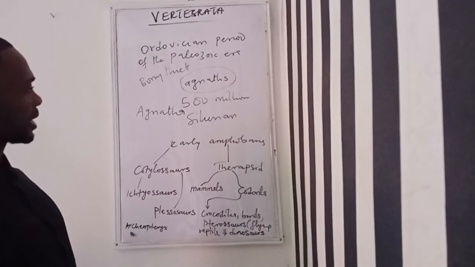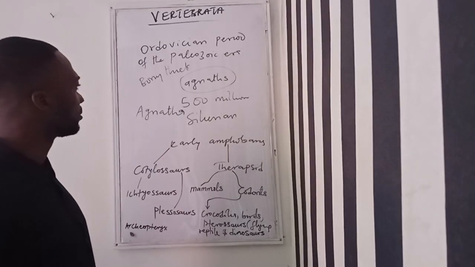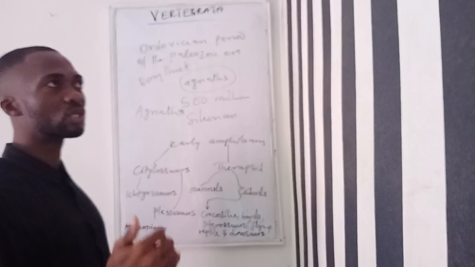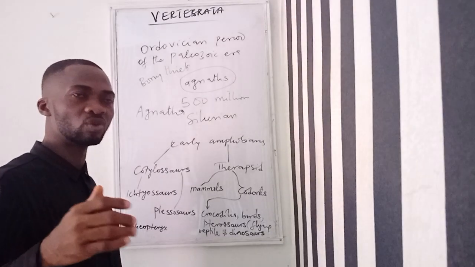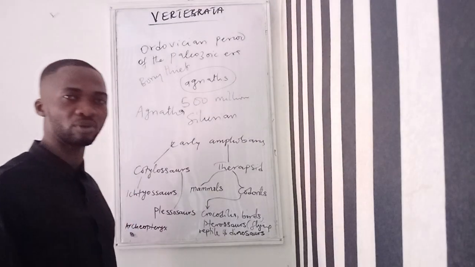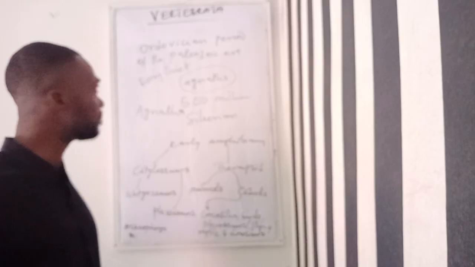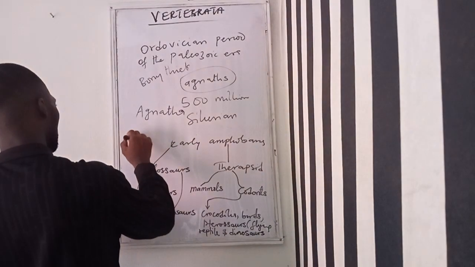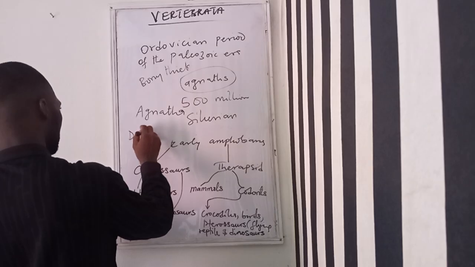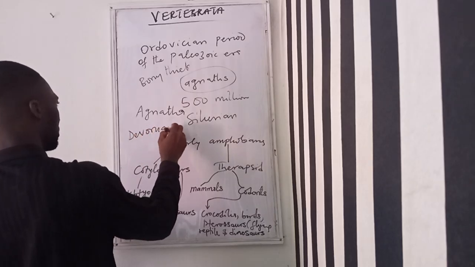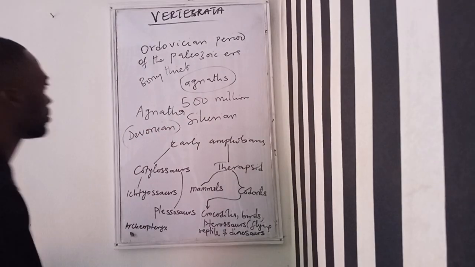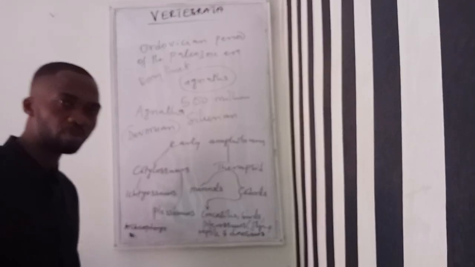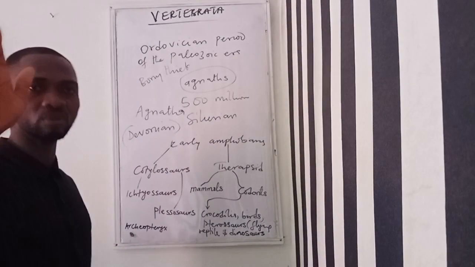Like I said, they flourished within the Silurian period, but when it got towards the end of the Devonian period, this group of organisms began to decline.